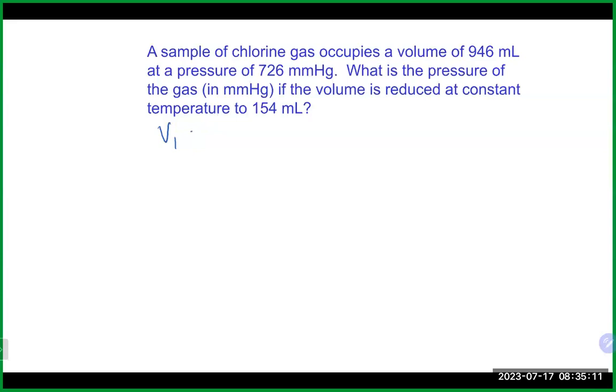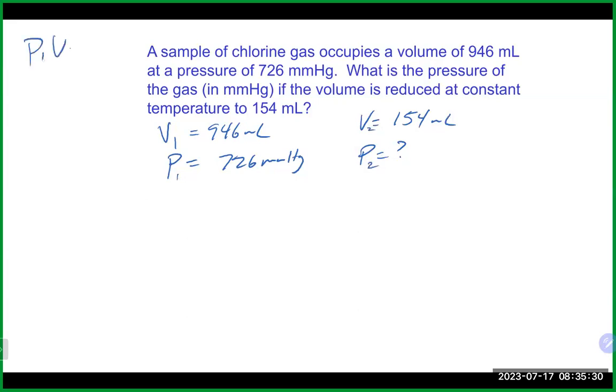So we do have a volume here, that's 946 milliliters. We do have a pressure that's 726 millimeters of mercury. We're looking for another pressure, and we have a volume that is 154 milliliters. So you can see Boyle's Law developing here, and that would be the correct one to use in this particular case.